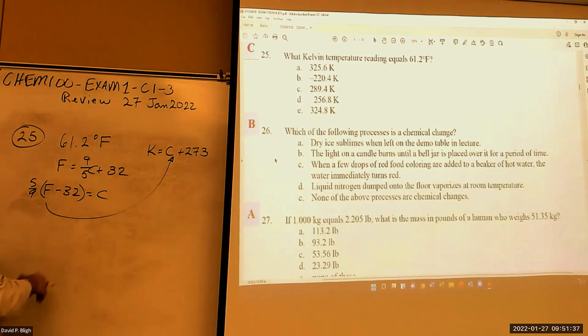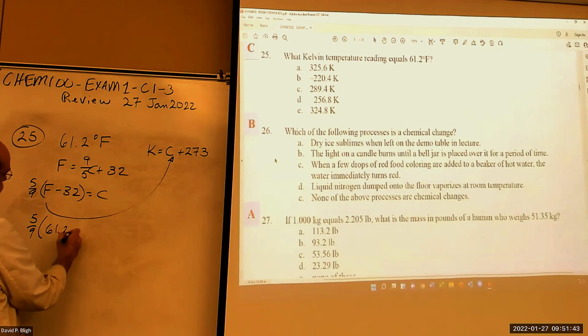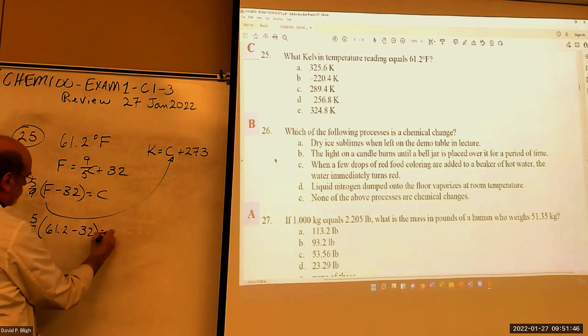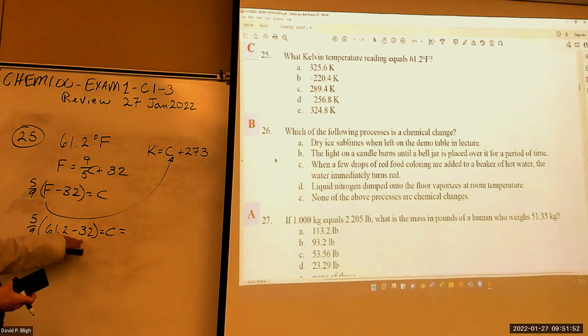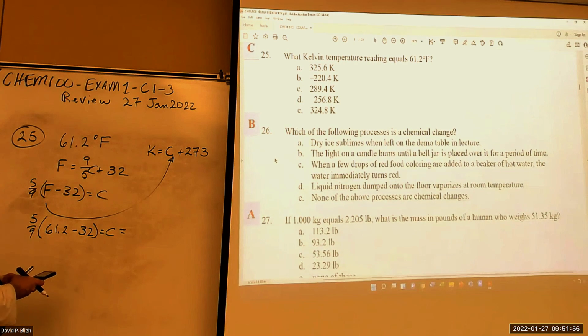Or you can do this calculation to find out what C is. 5/9, 61.2 minus 32 equals C. Let's see what that is. Right? Remember, 32 is exact. So our answer will come out with 61.2 as the limiting figure.